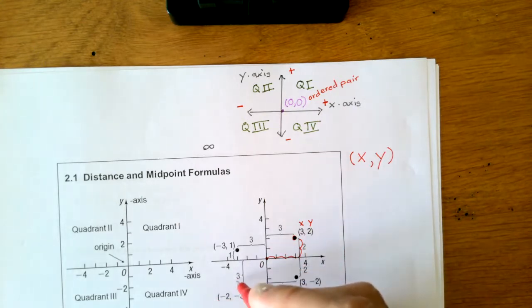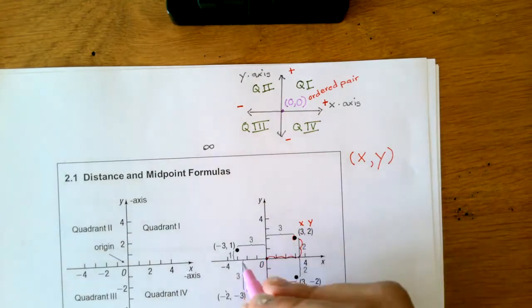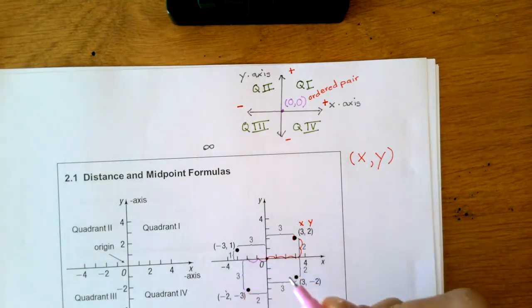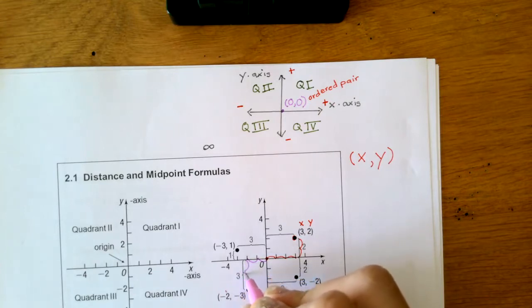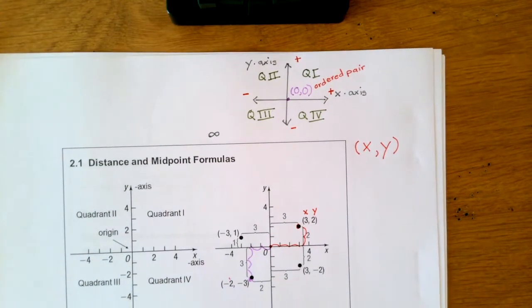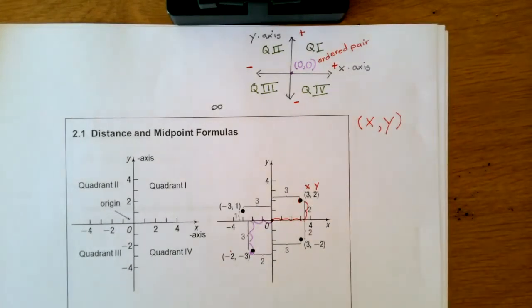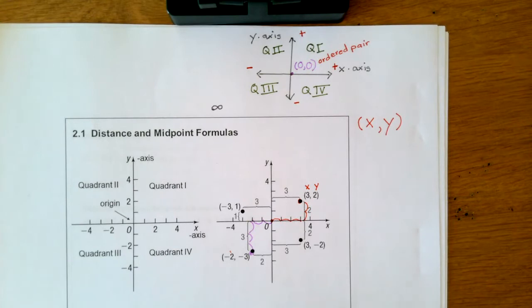Here, because we have a -2, -3, we're going to go back 2 and down 3. And that's -2, -3. Okay. So there's a lot of graphing in Unit 2. That was just a quick review of graphing. If you have any questions about graphing, reach out so that you feel confident about the rest of this unit. Okay.